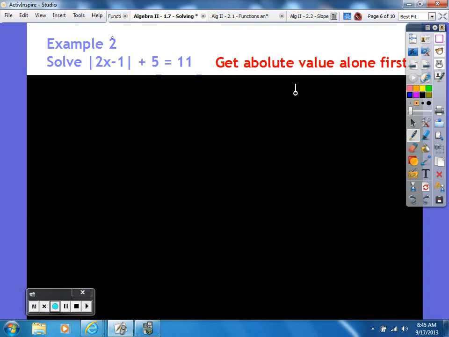And beside it, I've actually written the steps, mainly because I like to match up my words with my equations to help me out a little bit. So what do I need to do first here?